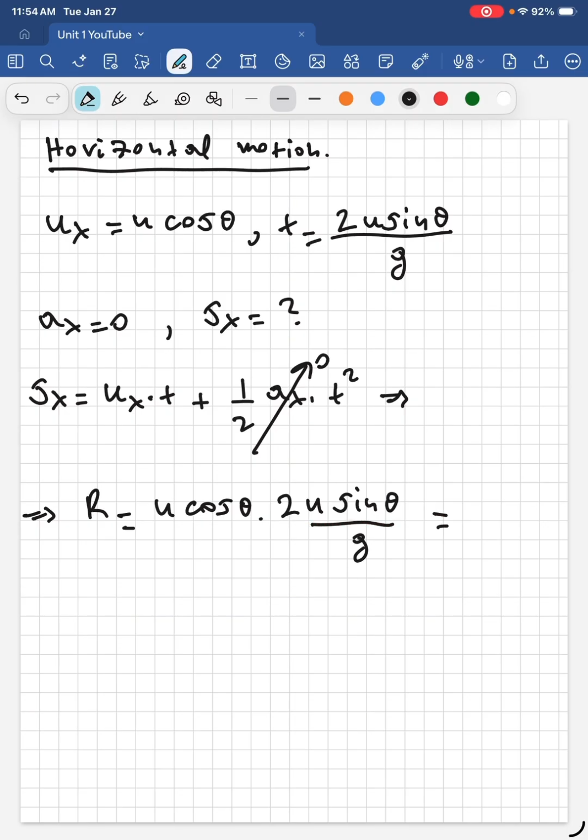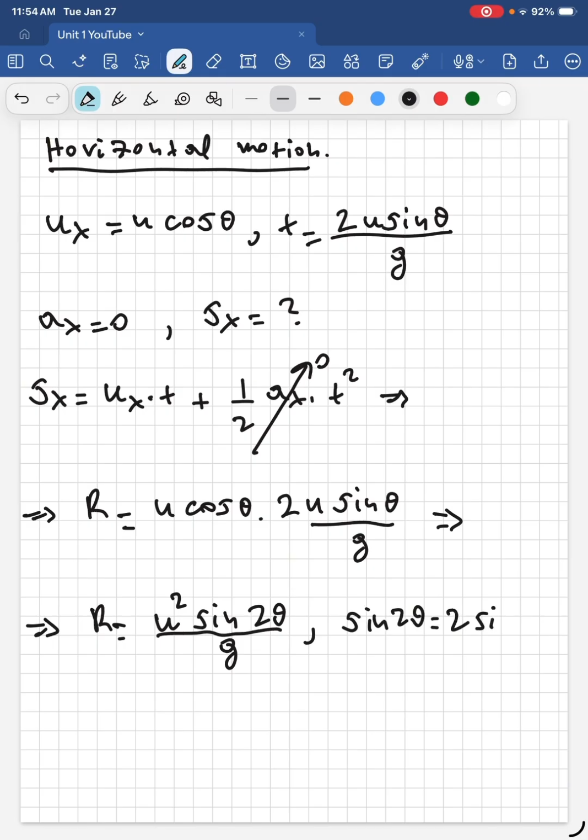Therefore r is u squared sine of 2 theta over g, where I use the fact that sine of 2 theta is 2 sine theta cosine theta. So this becomes sine 2 theta.